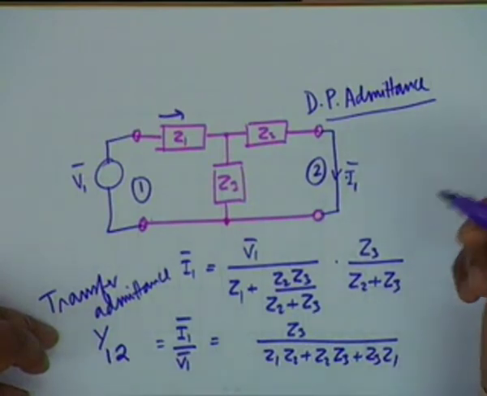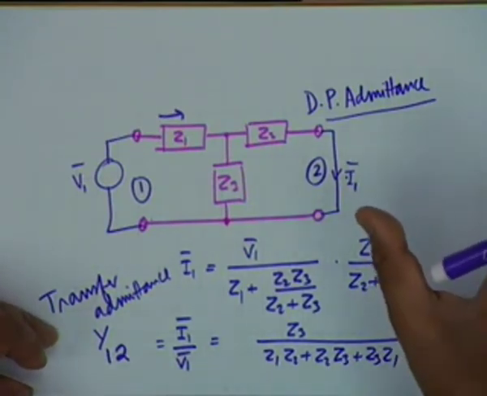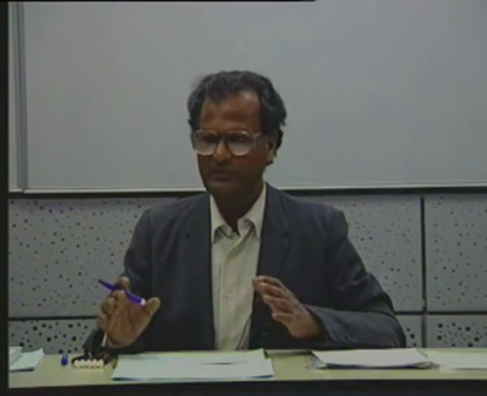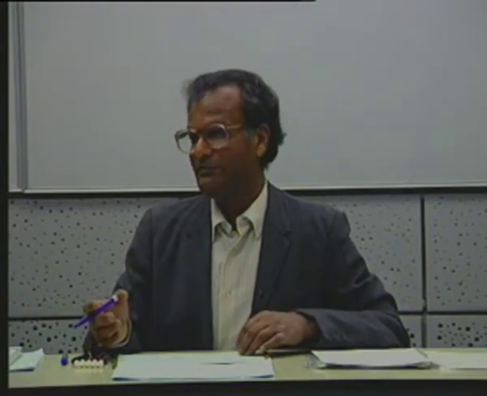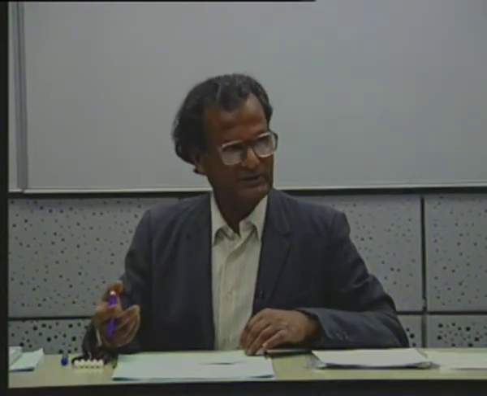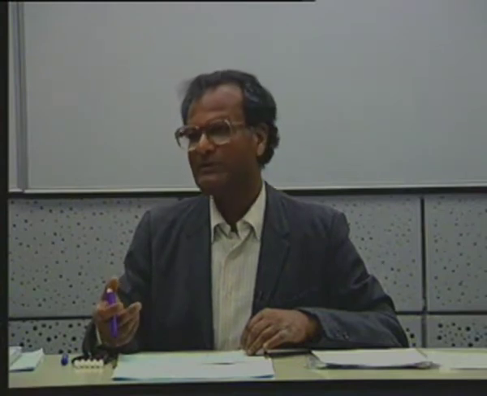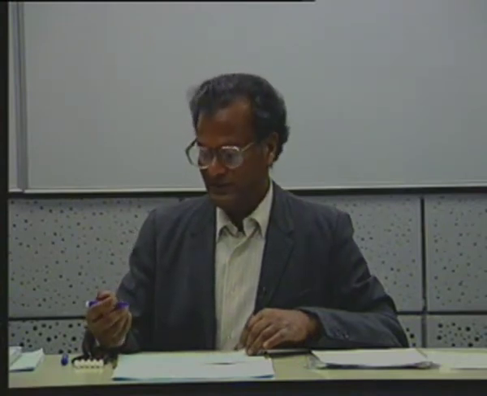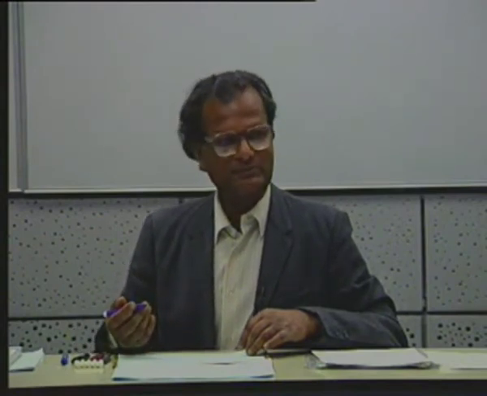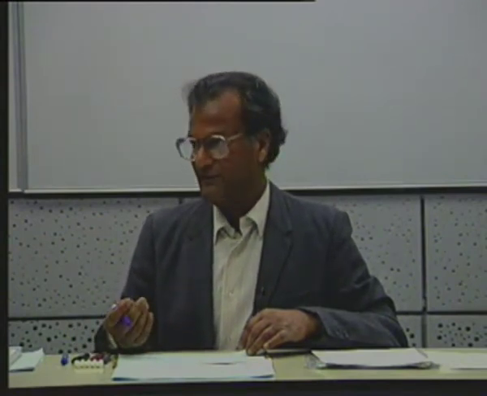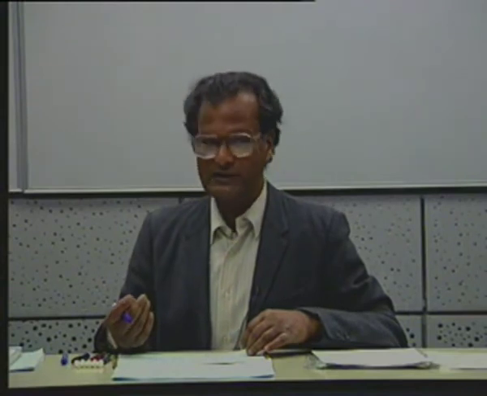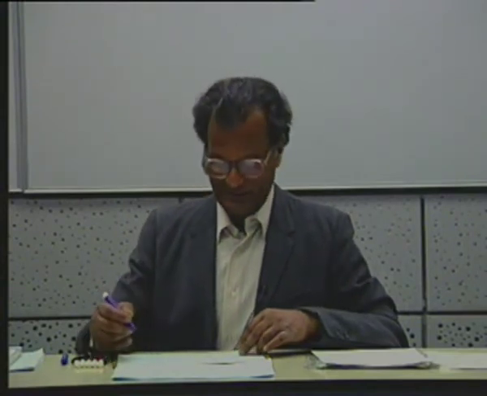Transfer impedance and driving point impedance are two different kinds of quantities, although dimensionally they are the same. If it is impedance, then it is measured in ohms. If it is admittance, then it is measured in mhos. But physically they are different quantities, because the response is measured at a different port in the case of transfer impedance or admittance.